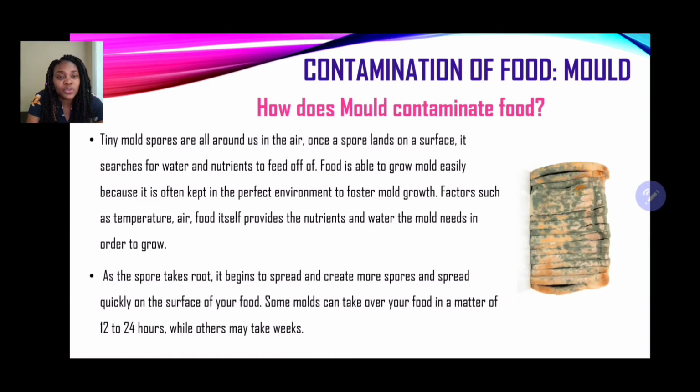Food is able to grow mold easily because it is often kept in the perfect environment to foster mold growth. Factors such as temperature, air, and the food itself provide the nutrients and water the mold needs to grow, right? So in order to prevent these things from happening, we have to think about the ideal temperature and the ideal conditions needed to foster the growth of these microorganisms.